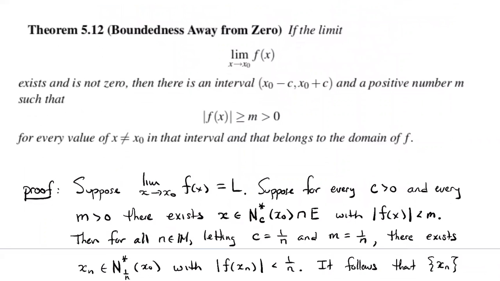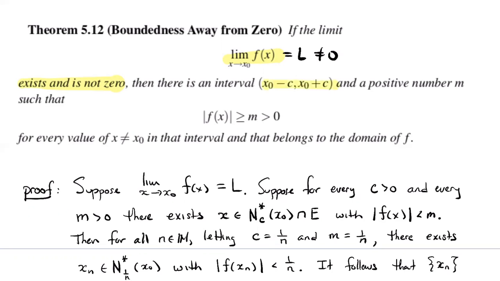Here's a third one, bounded away from 0. So what does it mean? The statement is saying that if you take some function with a limit, that limit exists and it isn't 0. All right, so to narrate here, the limit exists, but it's not 0.